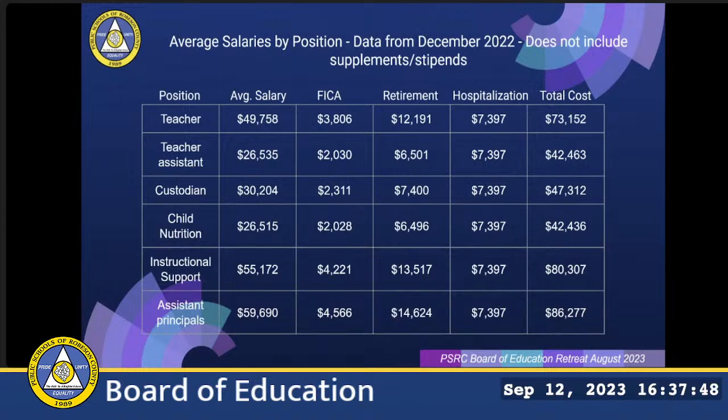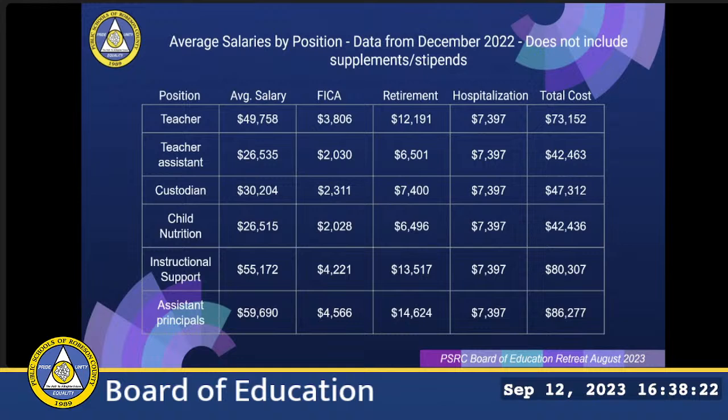From there, we have to pay FICA, which is 7.65% matching, retirement, which at the present is 22.94%, which could change, and hospitalization is $7,397 per person. So you'll see there's a big difference in what we pay the individual and what the total cost is to the district. And I included the teacher, TA, custodian, our child nutrition employees, instructional support, and assistant principals, some of the more popular positions there in the district.